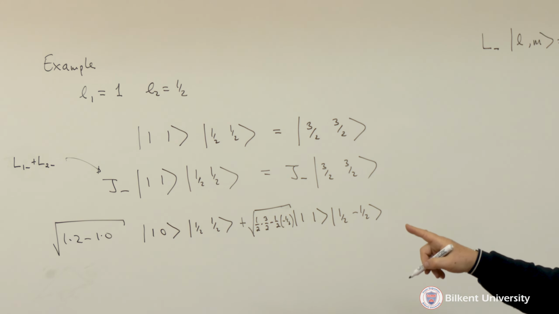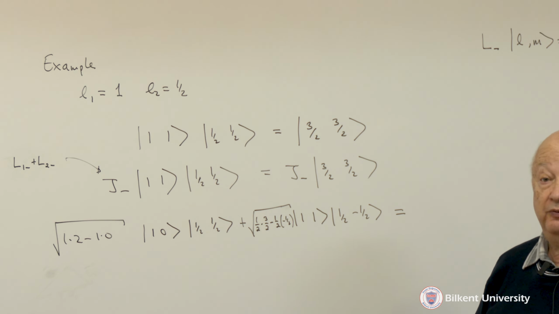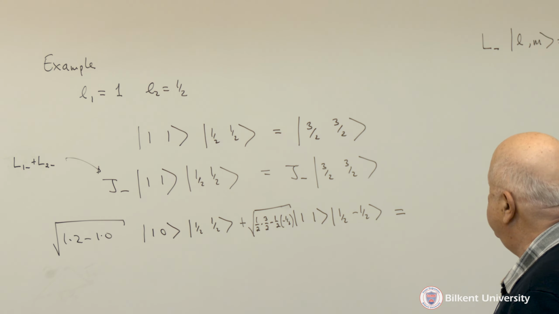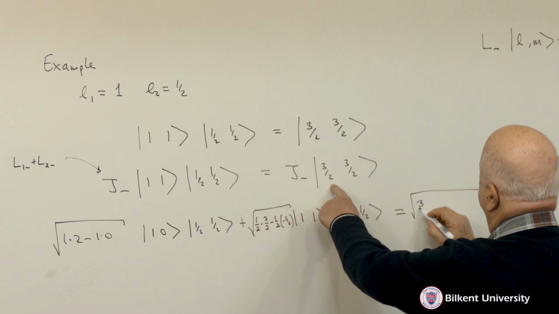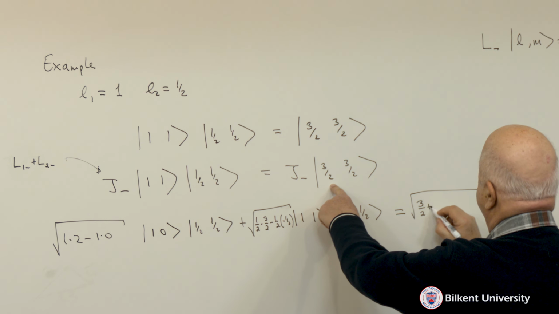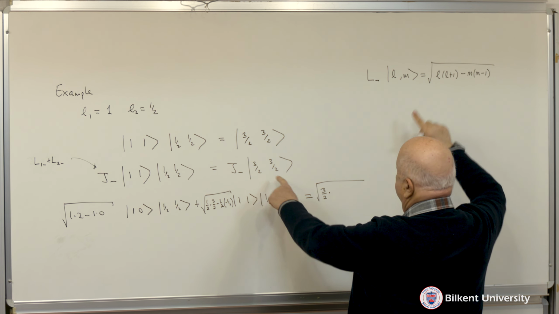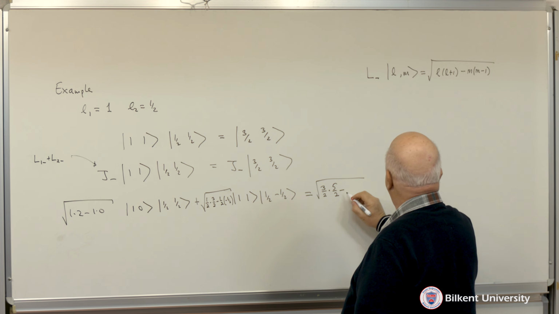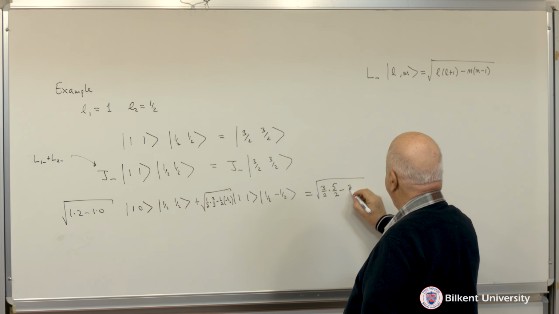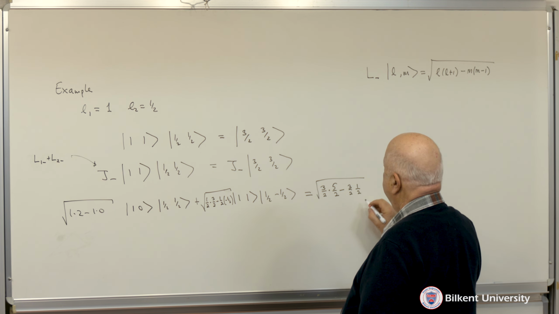So that's that. What about on the right-hand side? Now I can operate with the full J on this thing. So this is going to be the square root of 3/2 times 3/2 plus 1, which is 5/2, minus M, which is 3/2 times 1, this is 1/2.